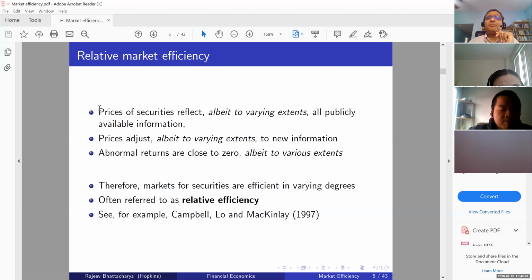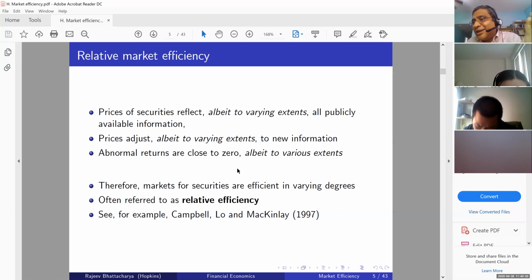The prices of securities reflect, to varying extents, all public information. Prices adjust to varying extents to new information. Abnormal returns are close to zero to varying extents. So markets are efficient in varying degrees. It's a spectrum.